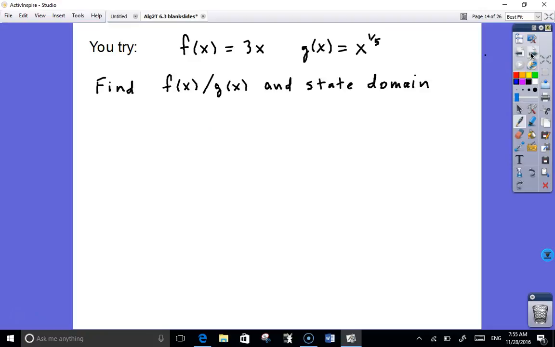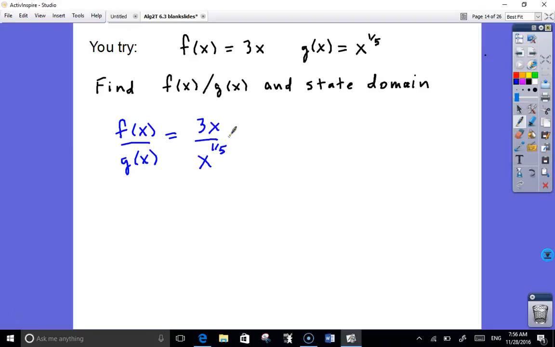Okay, same two functions. Now we're going to do the divide. So just looking at it, unsimplified at all, what's the one value that x cannot have? 0, right?